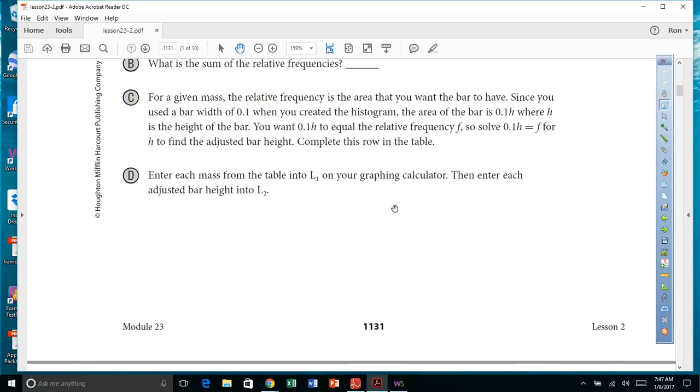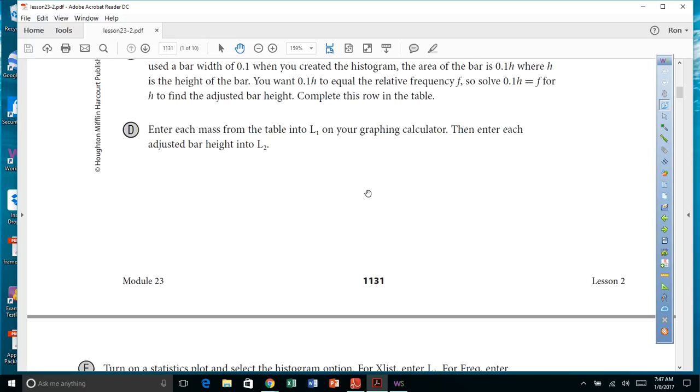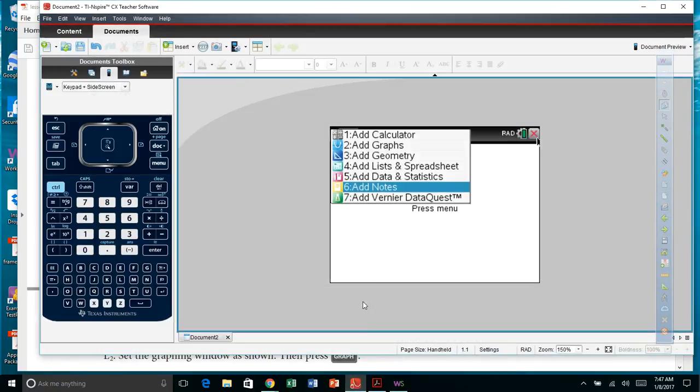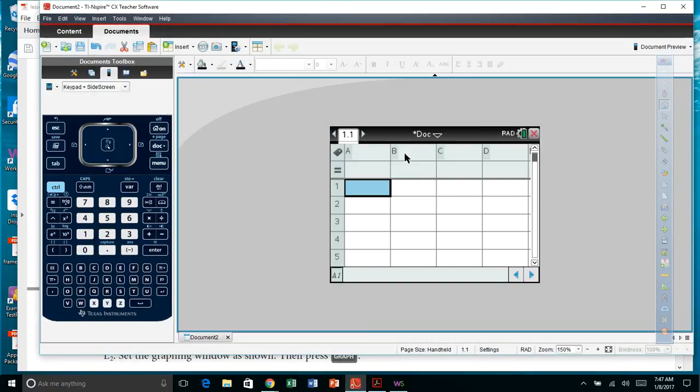All right, we already did that. Enter each mass from the table into L1 of your graph, and enter each adjusted bar height into L2. Okay, let's go to our calculator. And we're going to go lists and spreadsheets. And up here, we're going to put mass, M-A-S-S.